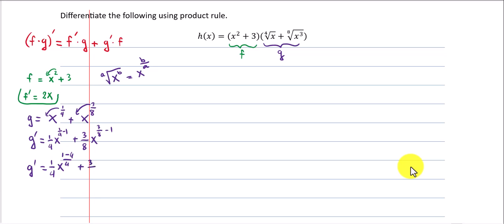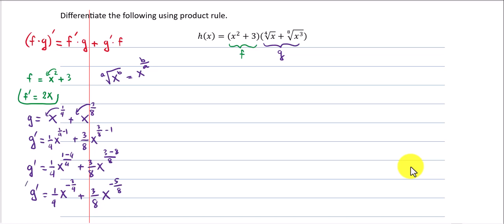And 3 over 8, when you subtract 1, the LCD is 8, so you also have to multiply 1 by 8. And that should be 1/4 times x to the minus 3 over 4, and this one is 3 over 8 times x to the minus 5 over 8.